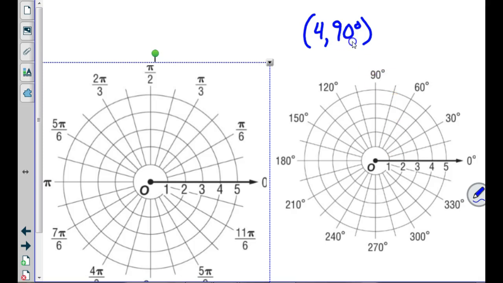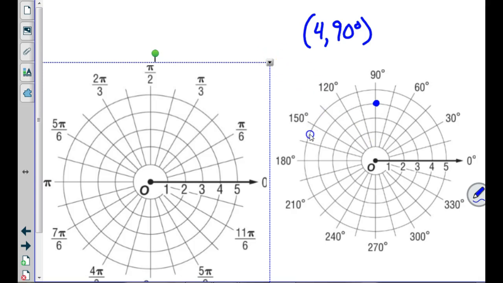Okay, so this is a positive, so we're rotating from what's called the polar axis or the positive x-axis around to 90 counterclockwise. Yes, and these are radius of 1, 2, 3, 4. These are even labeled, so we go out to this radius of 4, and we put a dot there.